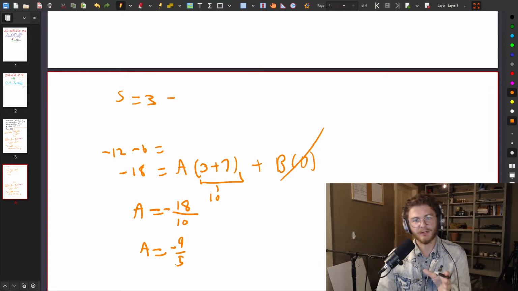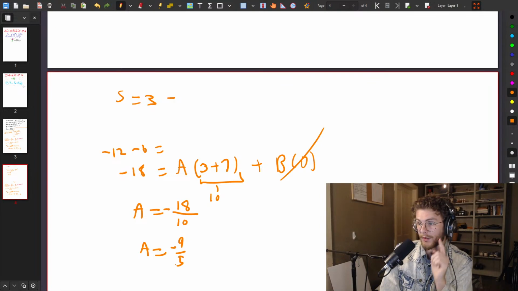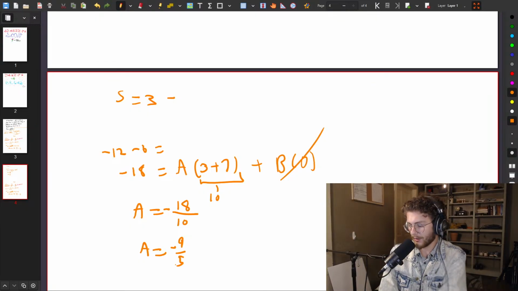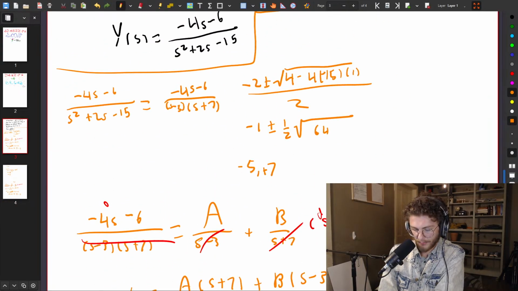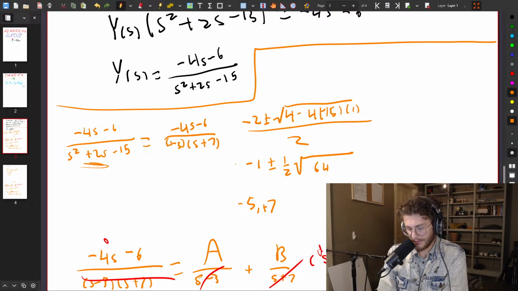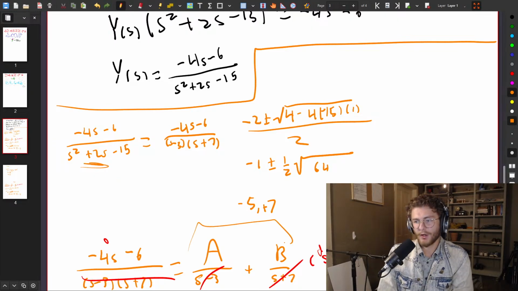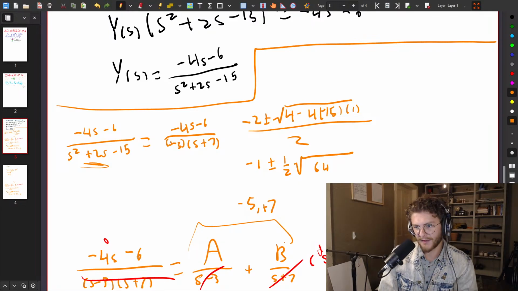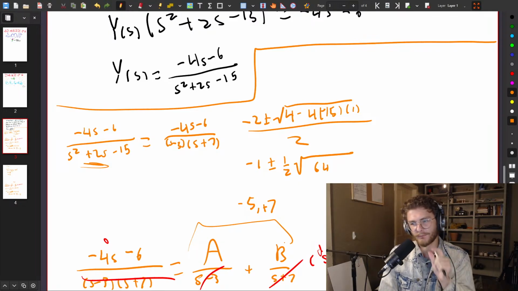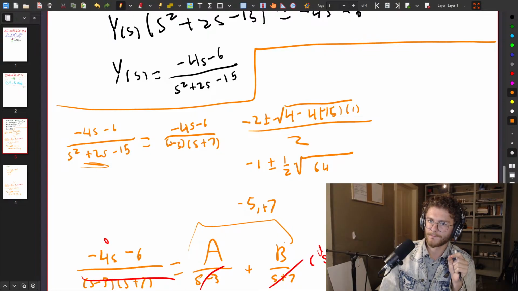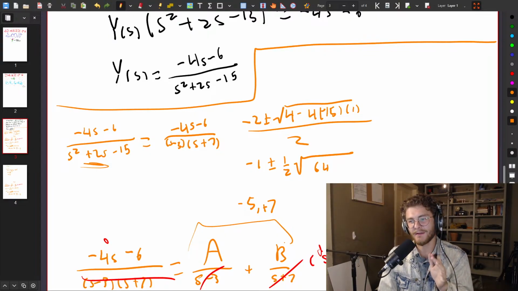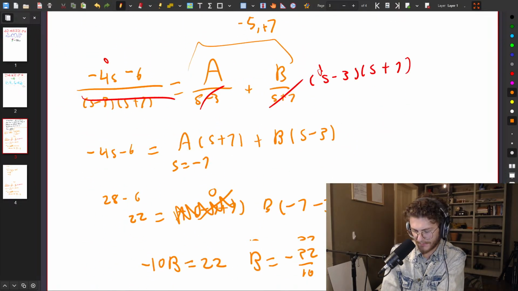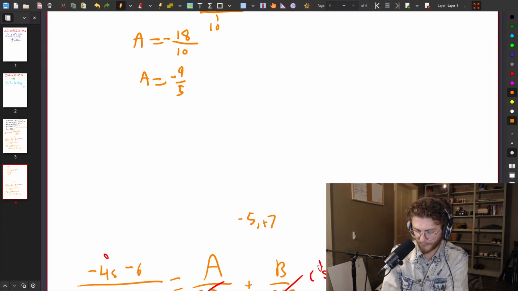We now have a value for A and B. And because we already know that this big honking thing up here is equal to these, we can now set the Laplace transform of that to be equal to the summation of those two simplified fractions that can be simply solved using the Laplace transform. So let's go ahead and do that now by throwing that guy in there.